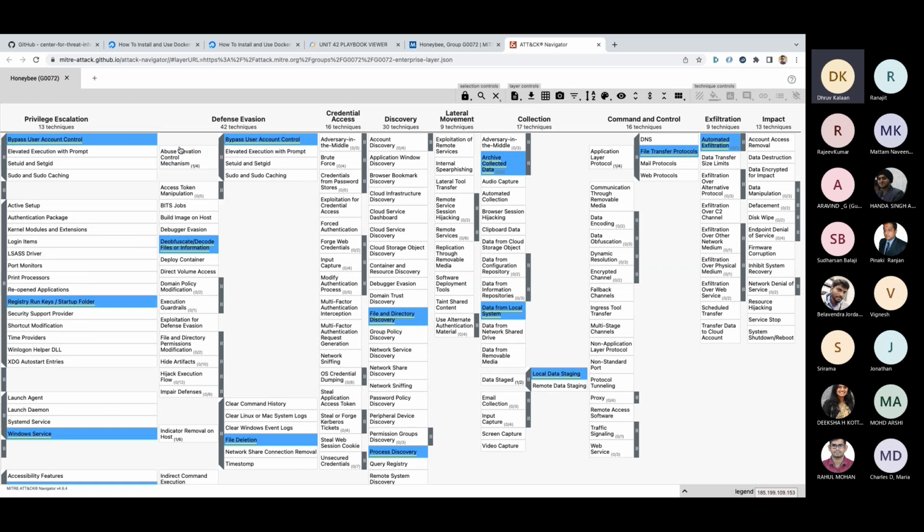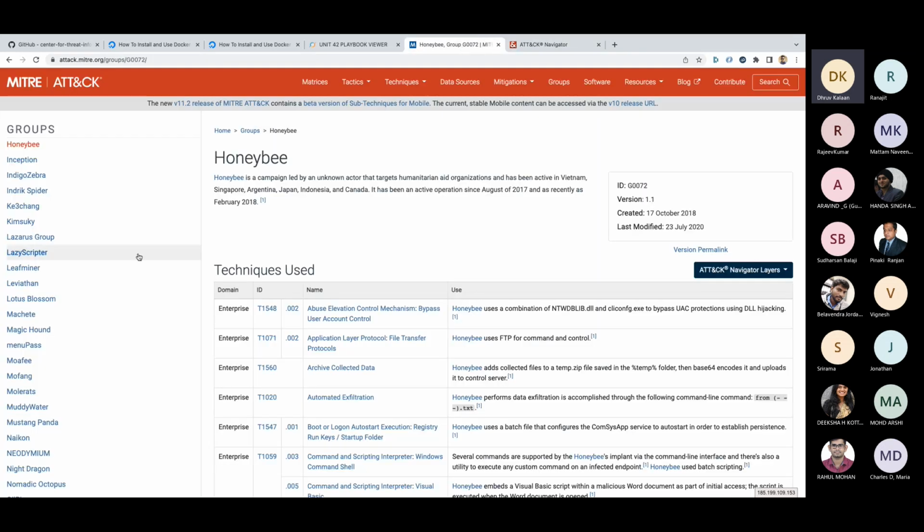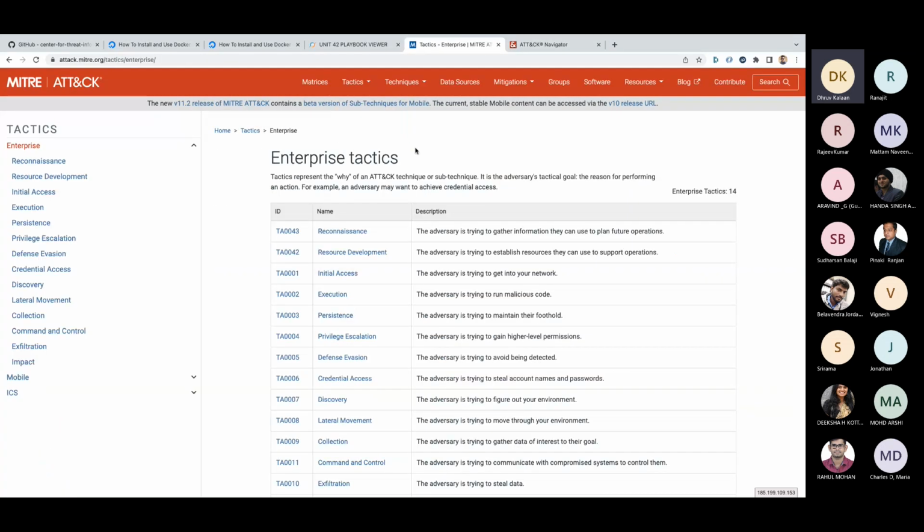Whatever information you see over here, which says something like T1211 or T1212, is nothing but the tactics and techniques that you're seeing.